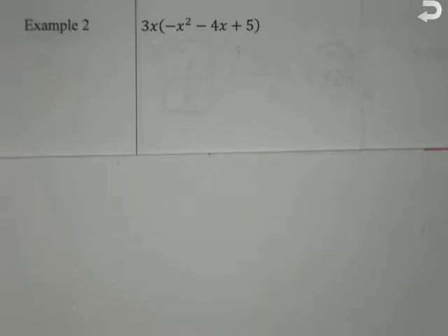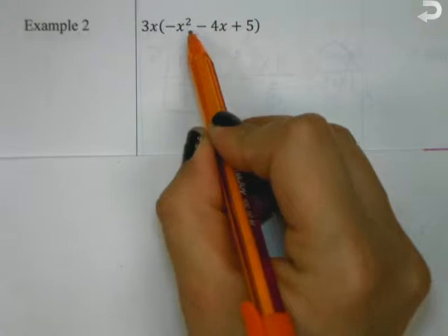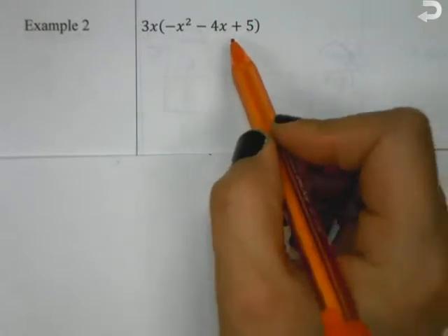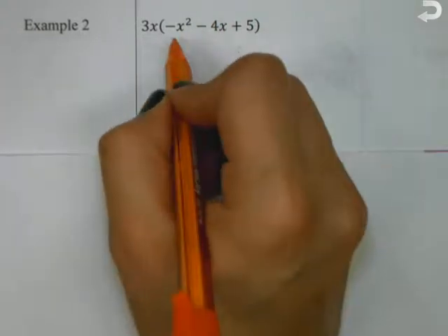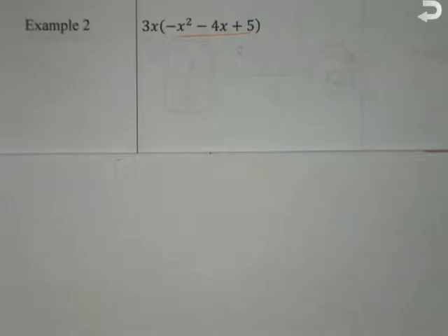Okay, so example 2, same thing. We have 3x times negative x squared minus 4x plus 5. This term in the parentheses has 3 terms inside. Does anybody remember what the special name for it is? Trinomial. We only have 3 with special names: monomial, binomial, and trinomial. Everything else is just a polynomial.